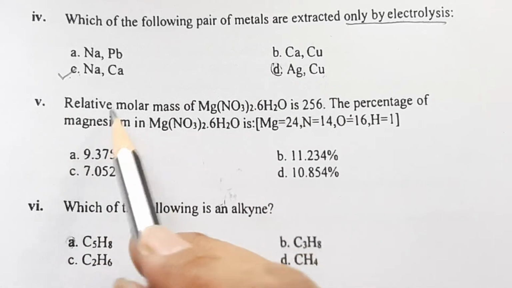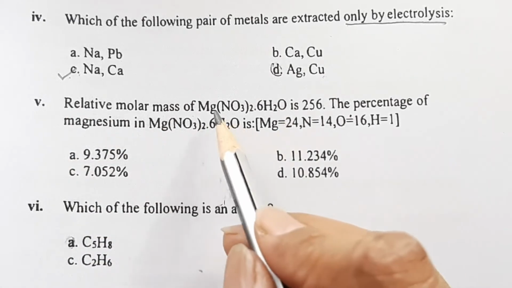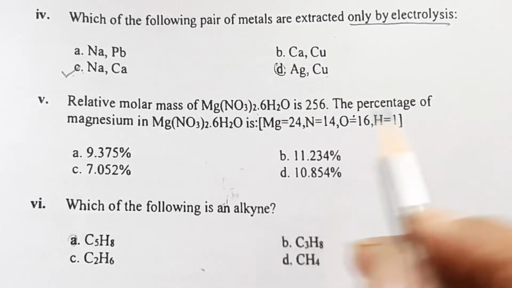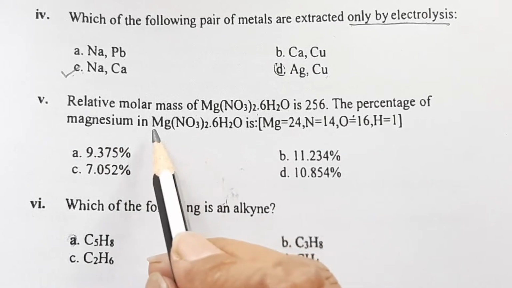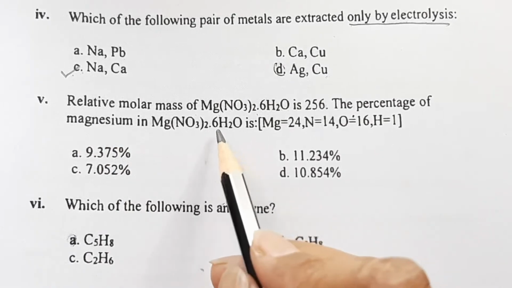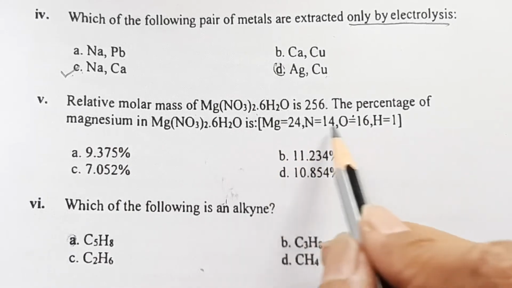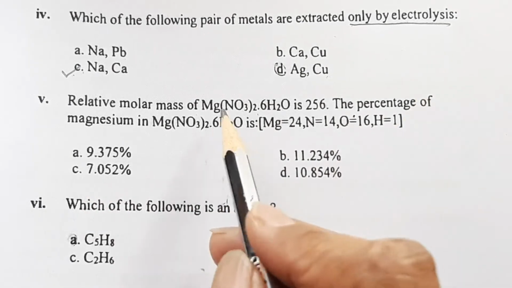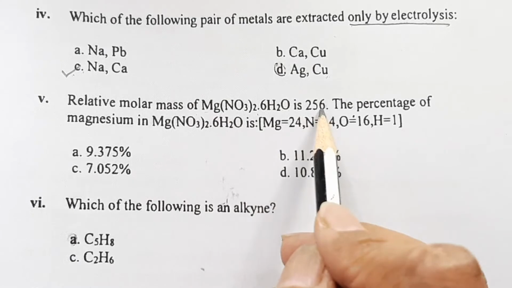Fifth one. Relative molecular mass of Mg(NO3)2.6H2O is 256. The percentage of magnesium in Mg(NO3)2.6H2O is, and they have given us these choices. Now, how much magnesium is present in this one molecule?